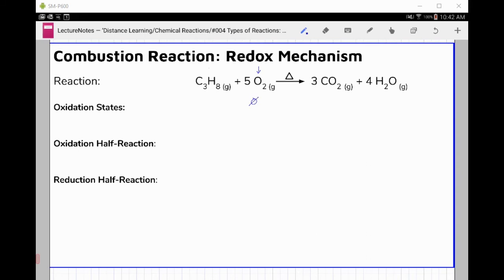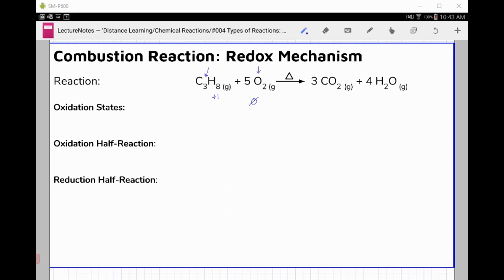However, in C3H8, carbon has a much greater attraction. It has a higher electronegativity, if we remember back to that periodic trend. So here the carbon is going to be pulling the electrons further away from the hydrogens. Now each hydrogen is going to be losing an electron, so +1.